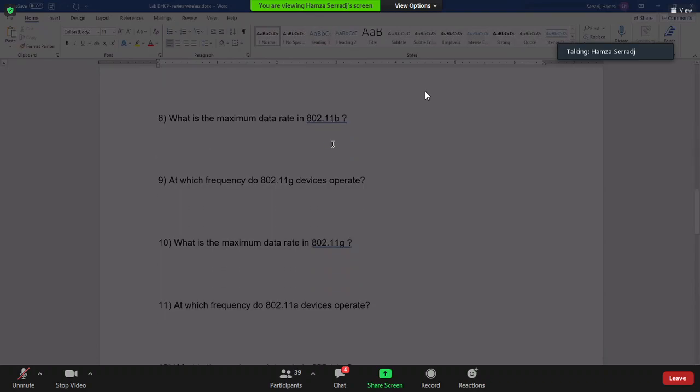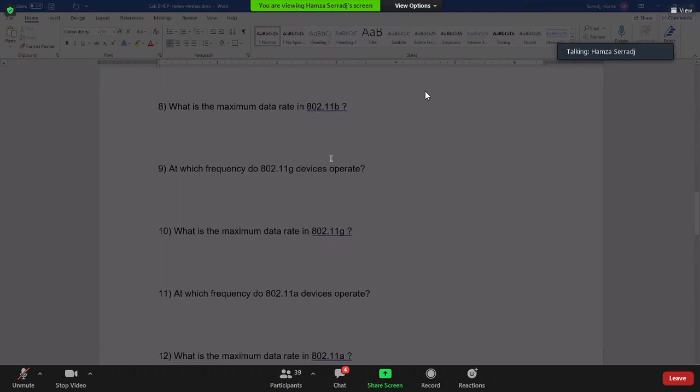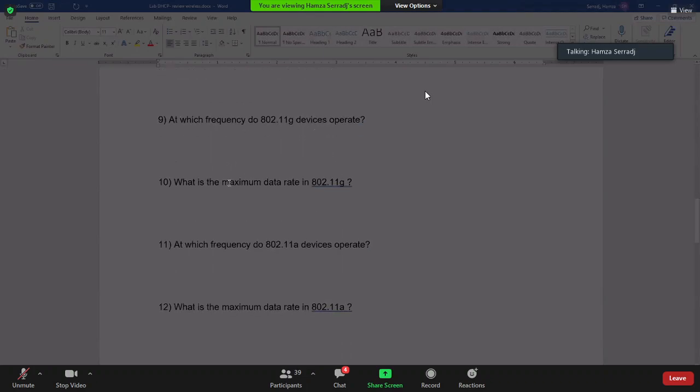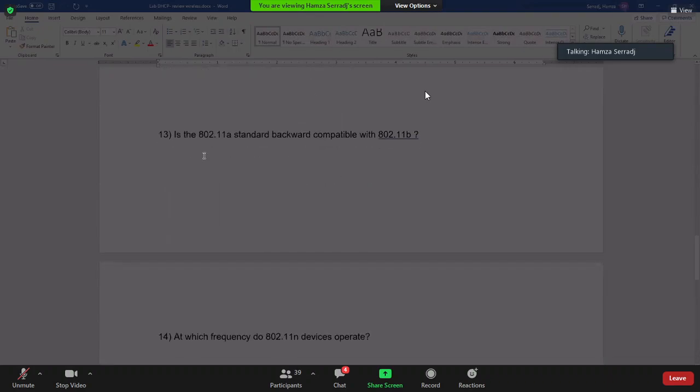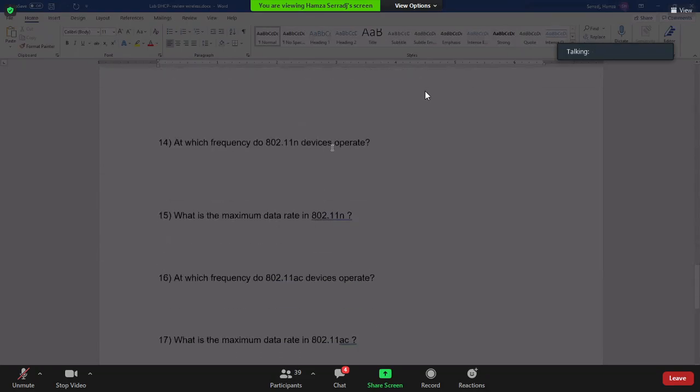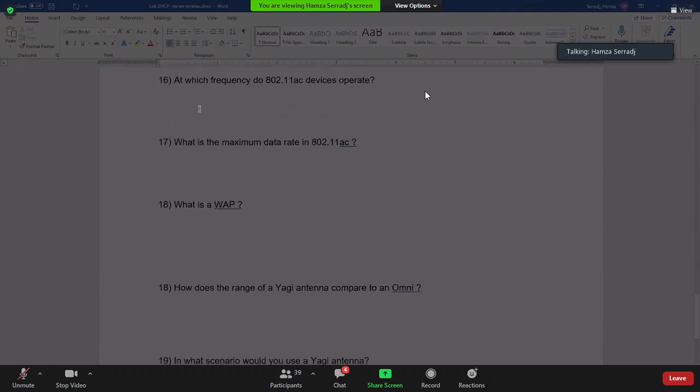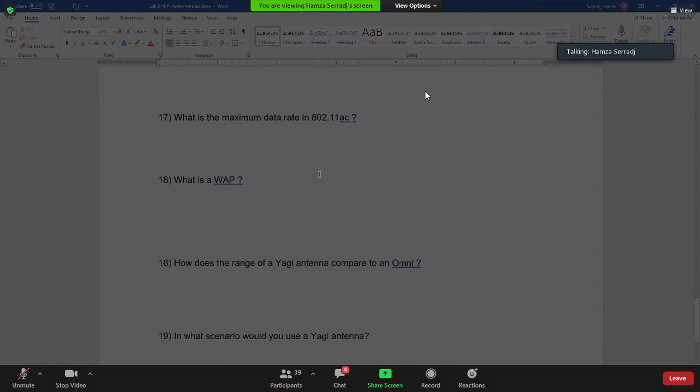At which frequency does an 802.11b device operate? What is the maximum data rate of B, of G, of A? Is the 802.11 standard backward compatible with B or not? The N, at which frequency does it operate, and what is its maximum data rate? At which frequency does an AC device operate, and what is the AC data rate?